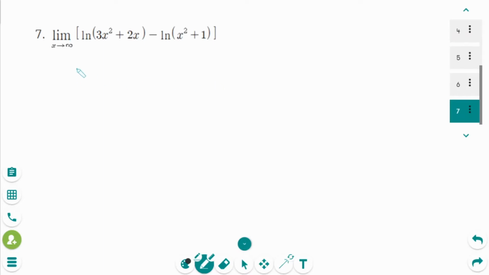The next question is this one. We can use the log property to rewrite the question into limit x approaches infinity of ln of 3x squared plus 2x over x squared plus 1, like this.